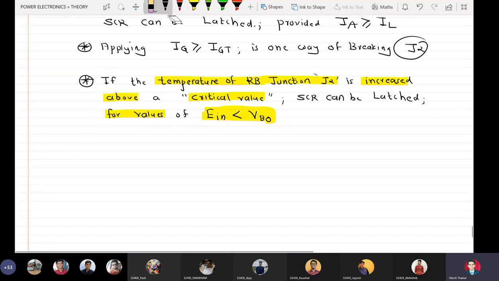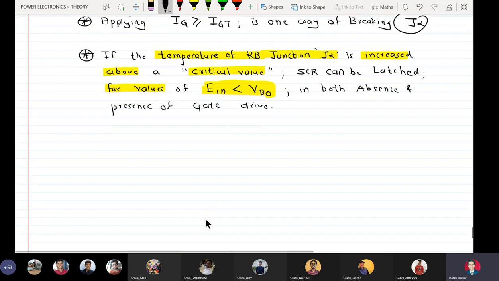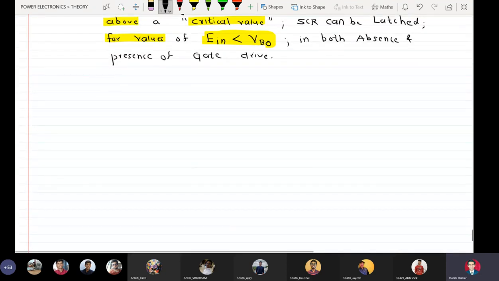Okay, now in both absence and presence of gate drive, the technique uses this.